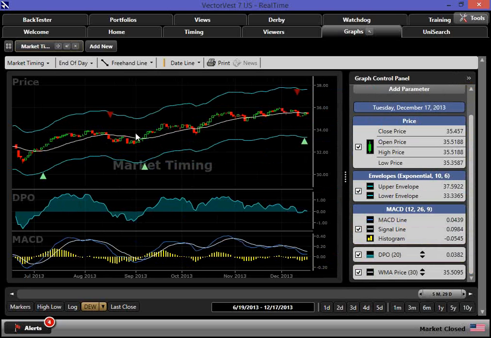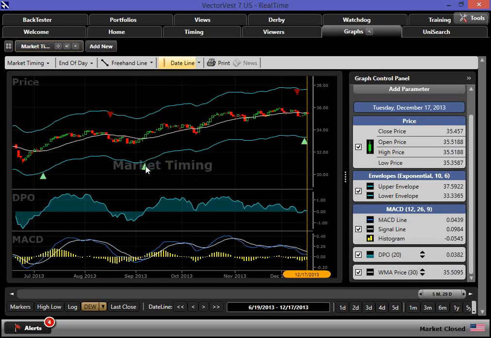And the important part, the white line is the 30-day weighted moving average. These outside blue lines are called envelopes. So D, E, and W. The signal is generated when the price of the VectorVest composite closes above or below that 30-day weighted moving average, and it's confirmed by the DPO going positive or negative.